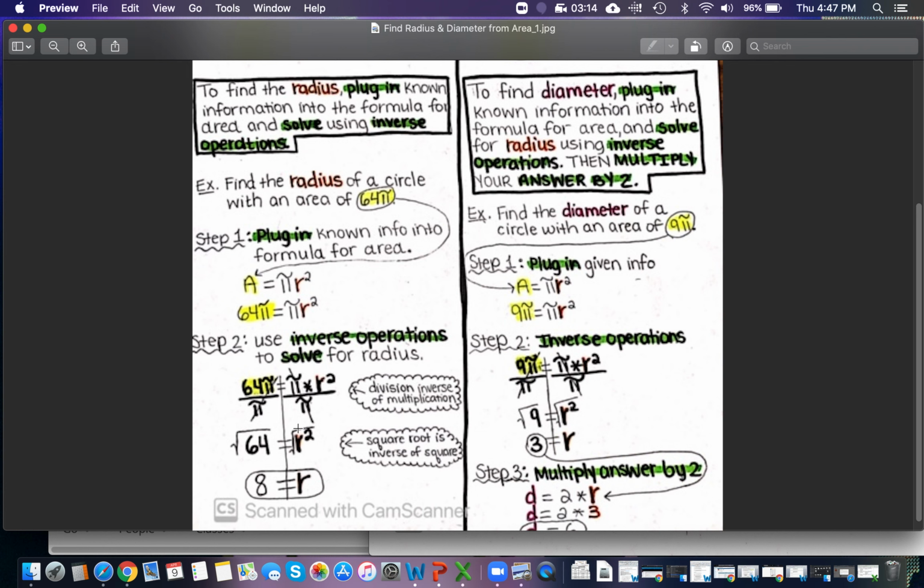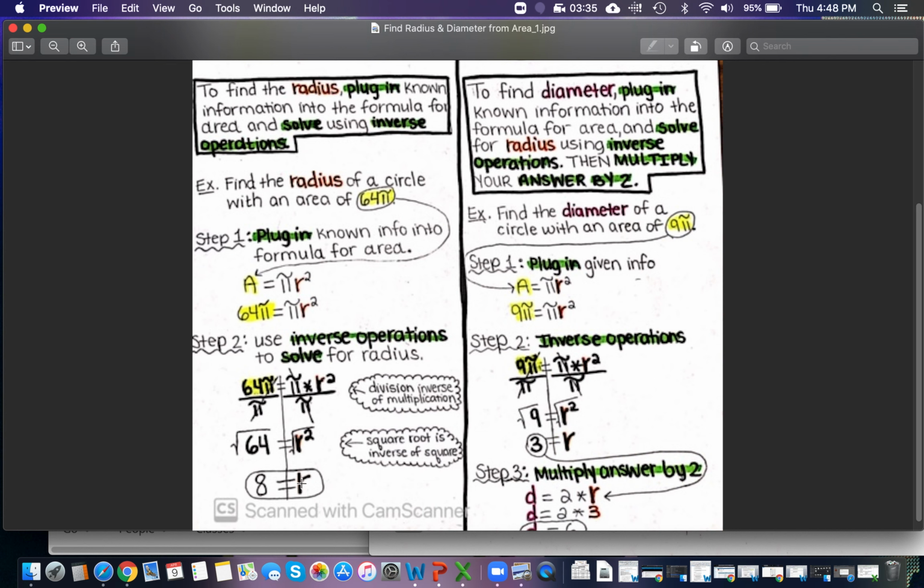That allows the square and square root to cancel out, so I'm just left with r, or radius. And the square root of 64 is 8, because 8 times 8 is 64. So I'm left with 8 equals r, or the radius.